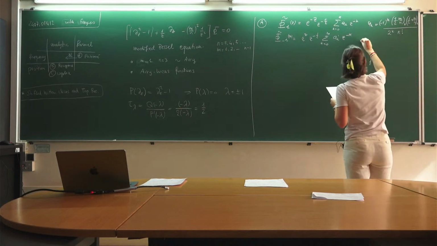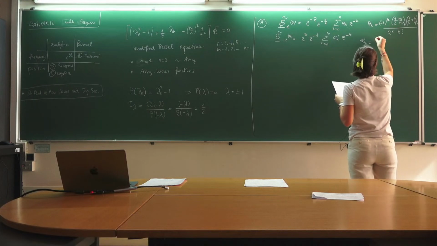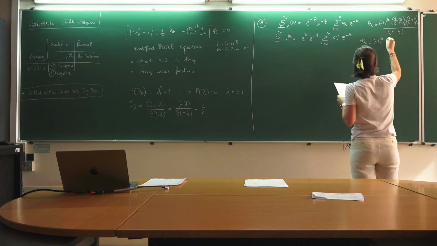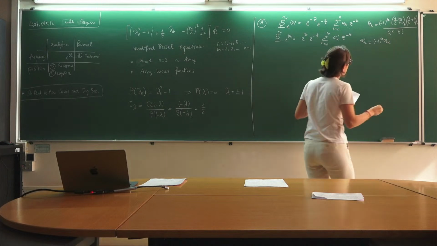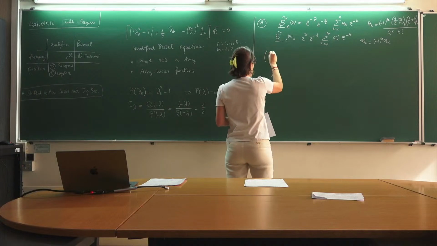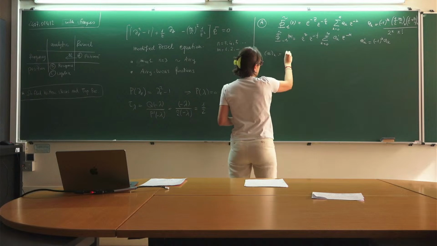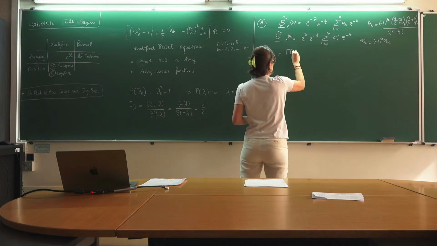And the other one is essentially the same without the minus 1. So I can also write it like this. So what is this bracket? The bracket is essentially a ratio of gamma functions.